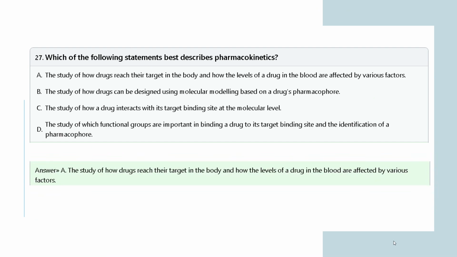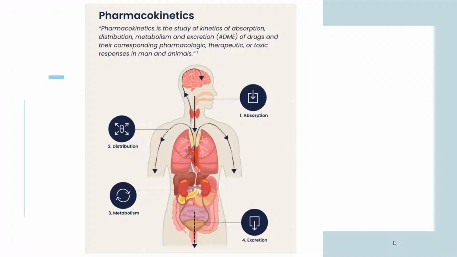So here, pharmacokinetics means the study of how drugs reach their target in the body and how the level of drug in the blood is affected by various factors. To simplify, pharmacokinetics is the study of the kinetics of absorption, distribution, metabolism, and excretion. So basically, it is ADME.